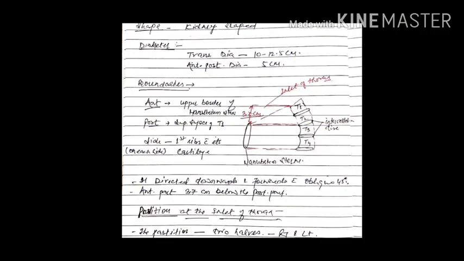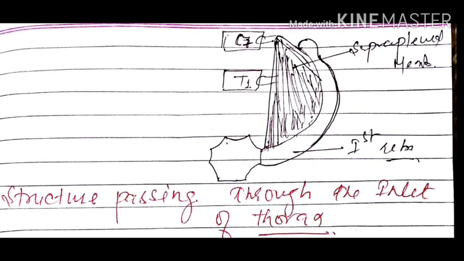Its apex is attached to the C7 vertebra, and its base is attached to the inner border of the first rib.